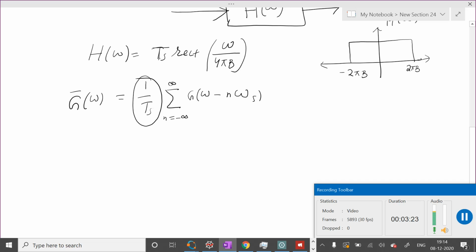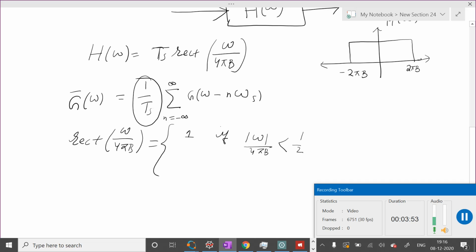And rectangular omega by 4 pi b means, you recall the definition of rectangular function is 1 if mod omega divided by 4 pi b is less than half, and it is 0 otherwise.